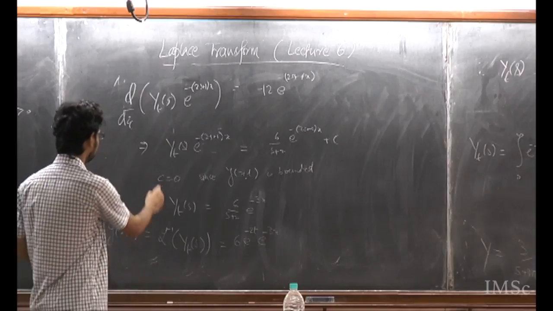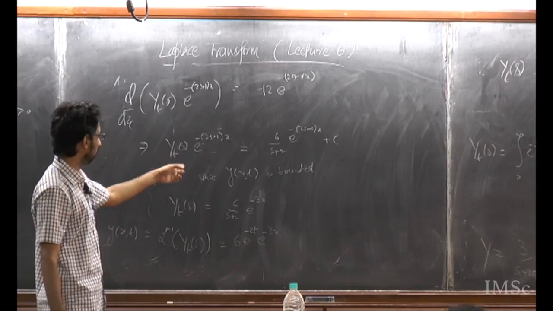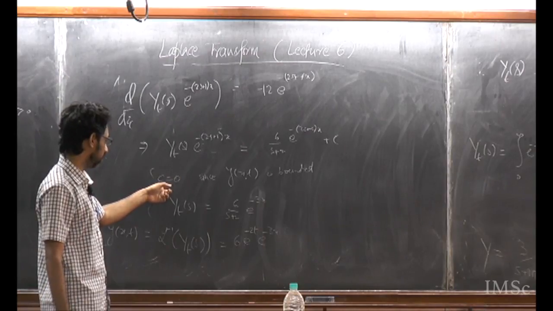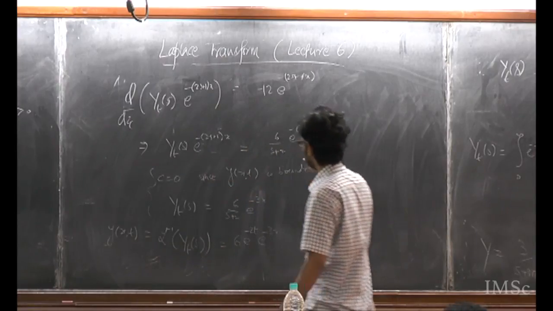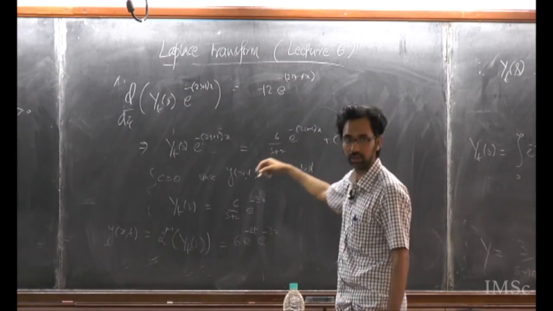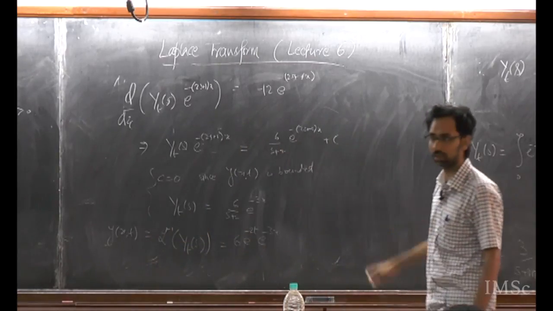You can either use the integral for Laplace transform to conclude that c equals 0, or you can just take the inverse Laplace transform for the entire thing and then use that y(x,t) will be bounded, so then you will get c equals 0.